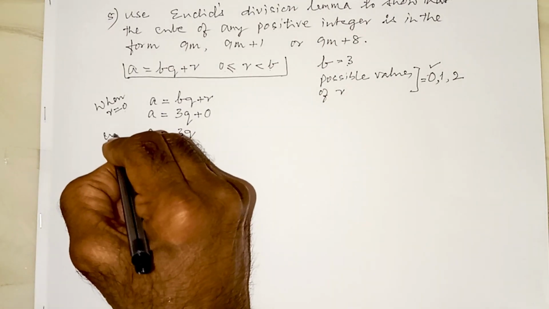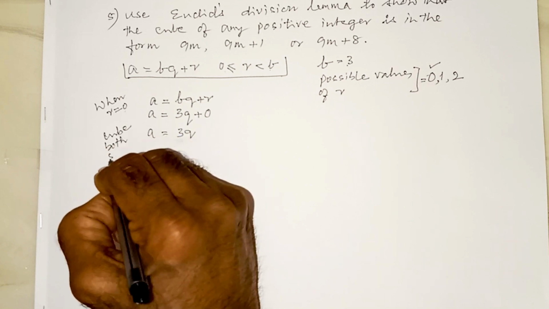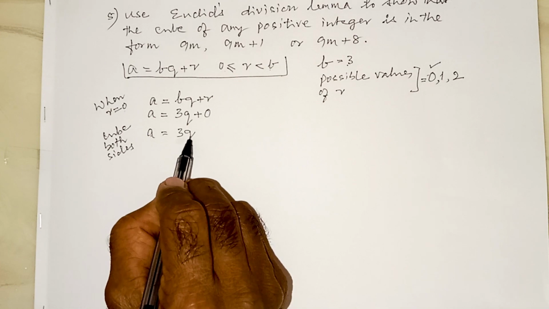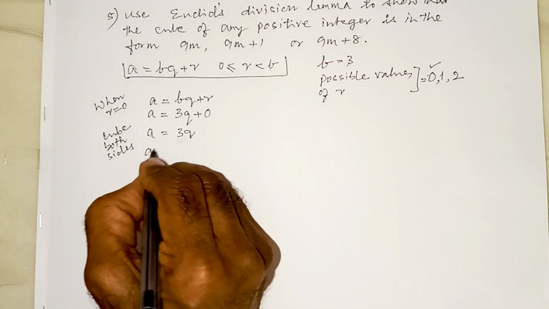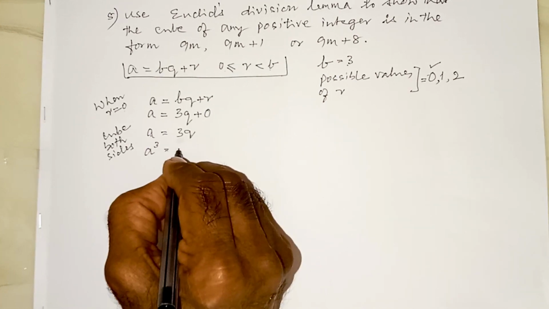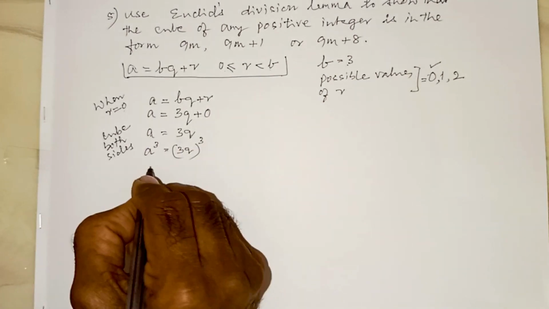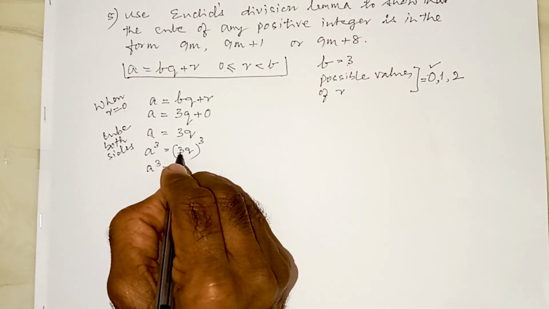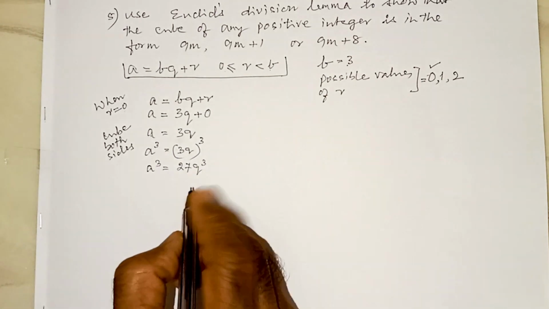Now we have to cube both sides. Both sides means LHS and RHS. When you cube this, this becomes a cube and this becomes 3q whole cube, which is equal to a cube, 3 times 3 is 9, 9 times 3 is 27, q whole cube.